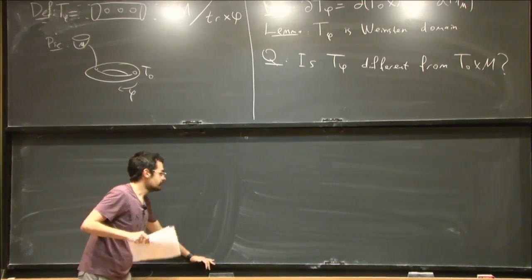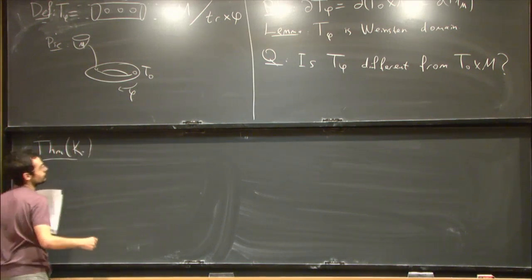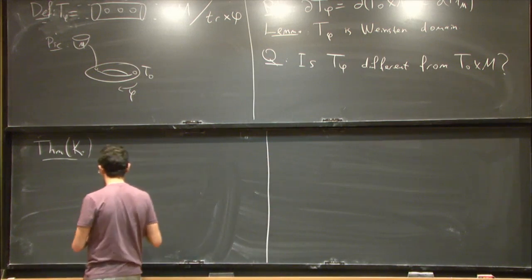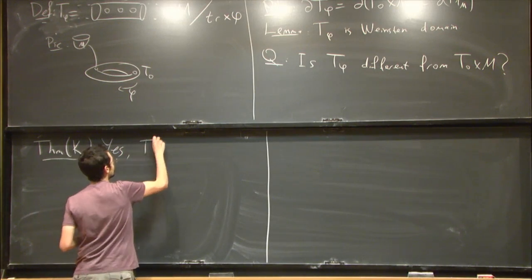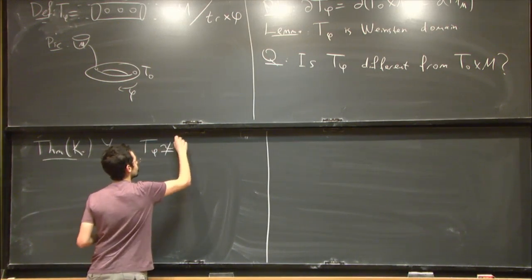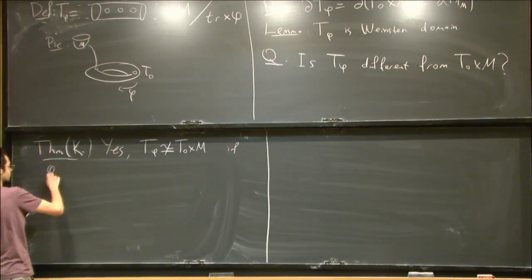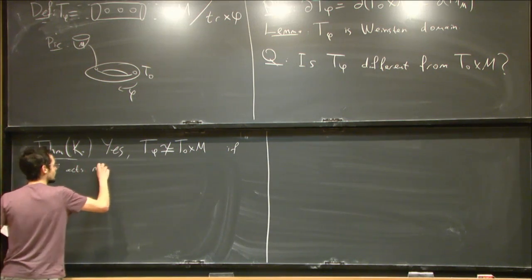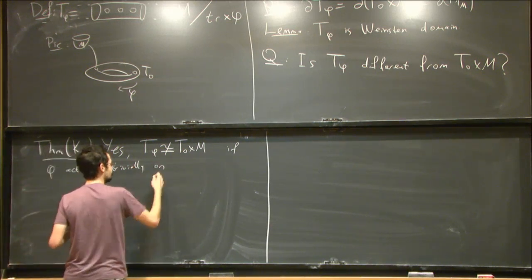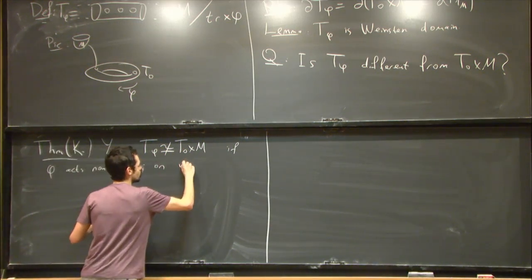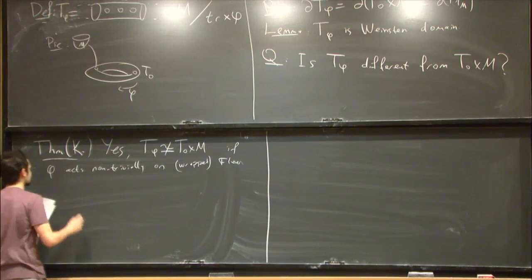And the main geometric theorem says yes, they are different, if phi is non-trivial, in the sense that phi acts non-trivially on Floer homology, on wrapped Floer homology to be precise.